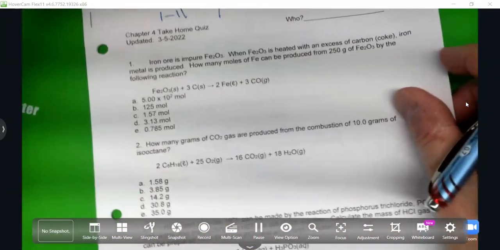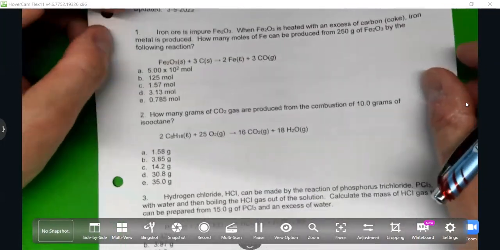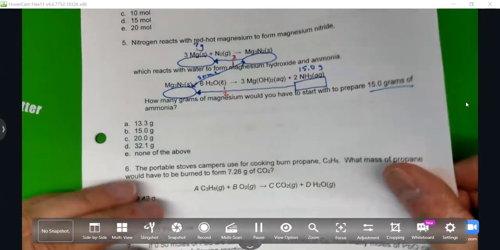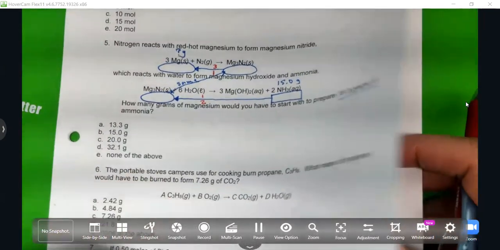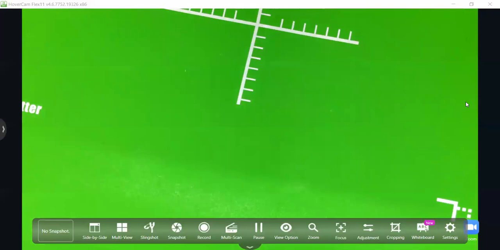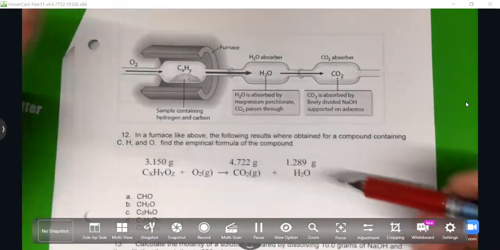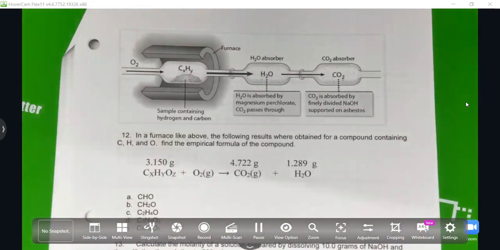Okay, now how about the quiz? On the quiz, we were going through 14, 12, so we only added 12, 13, 14. And 12, did anybody work out 12? Tell me somebody worked out 12, because I made this problem up. It took me a long time to come up with these numbers.